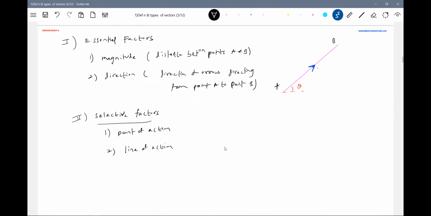So what is the use of this? Point of action, line of action. Again, we'll take two examples. Now let there be a box.